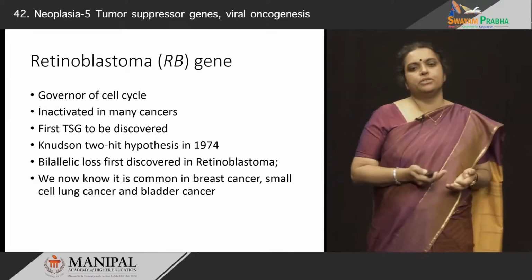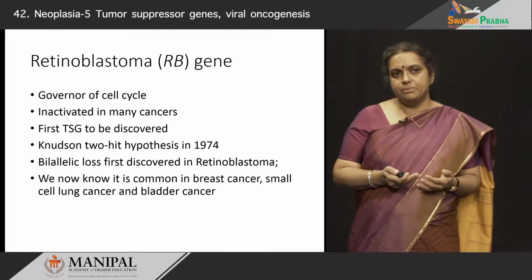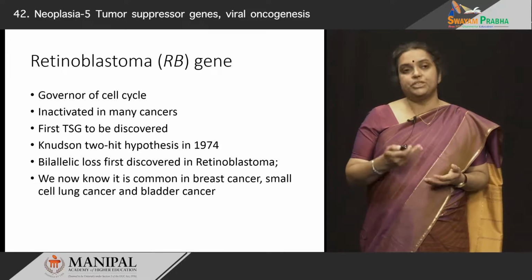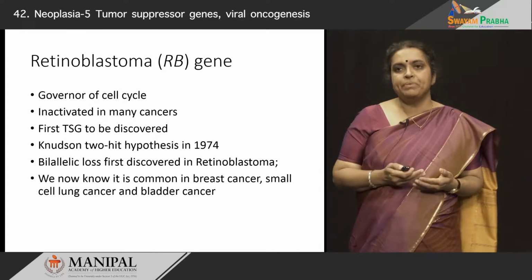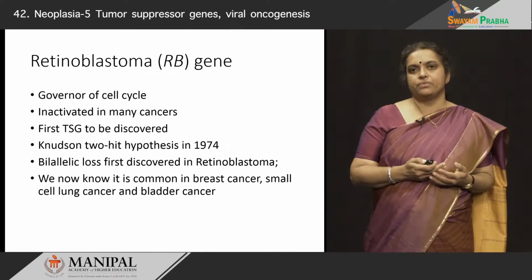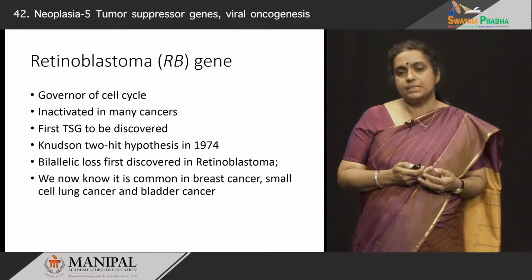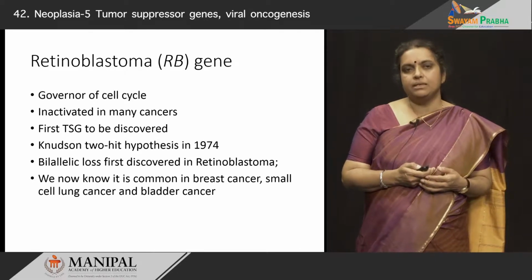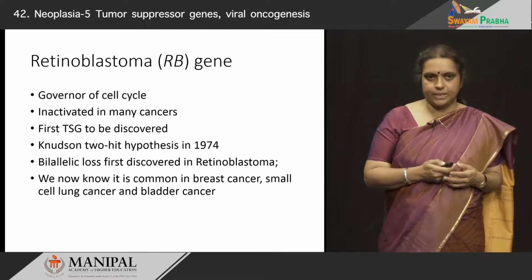It's impossible to go through all the tumor suppressor genes because there are far too many whose inhibition is implicated in cancer. So, we will just deal with two of the most important ones. The first is the retinoblastoma or the RB gene, and the second is the P53 gene.